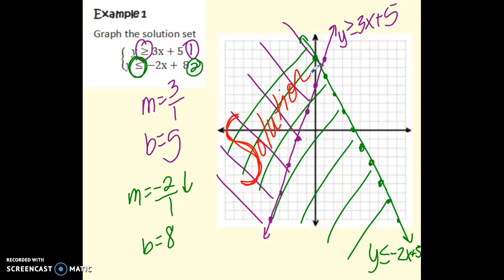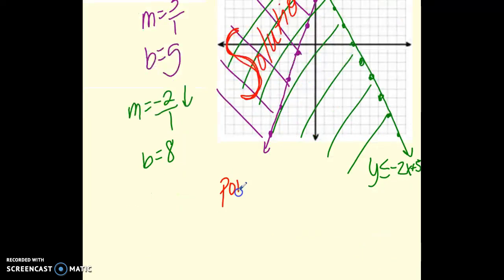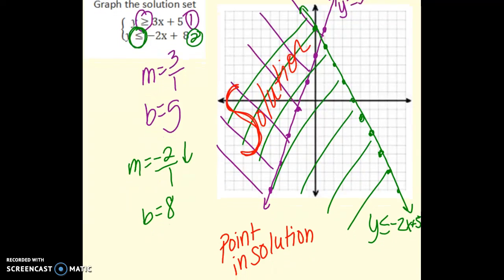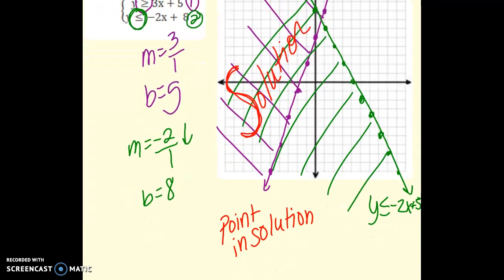Sometimes you're actually going to be asked to pick a point that's in the solution. If you're asked to pick a point in the solution, you are not going to pick where they cross. In this case, where they cross technically works because they're solid lines, but you're going to pick any point in the solution. You could shout out some points that are in the solution.